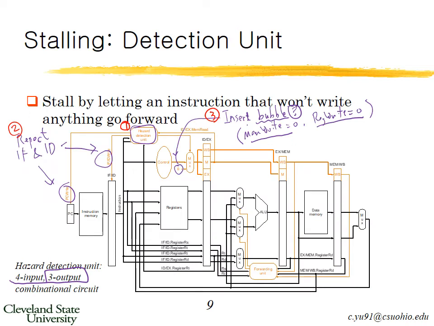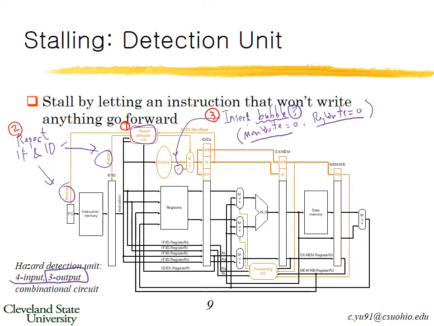So again, number 1, the hazard detection unit is getting the mem read control signal from the execution stage and checking the register numbers, and if the condition is satisfied, it will generate number 2, the IF/ID write control signal and PC write control signal, which essentially prevent the program counter and IF/ID pipeline register values from getting updated.